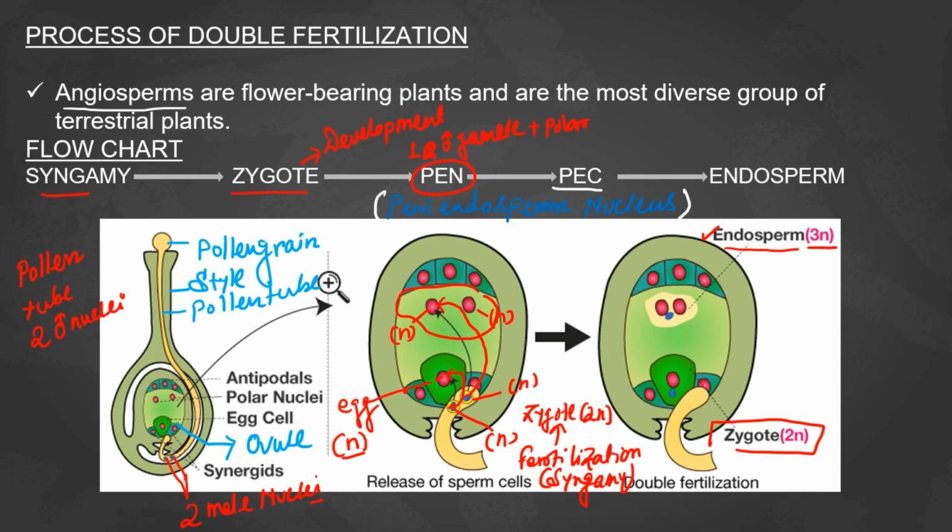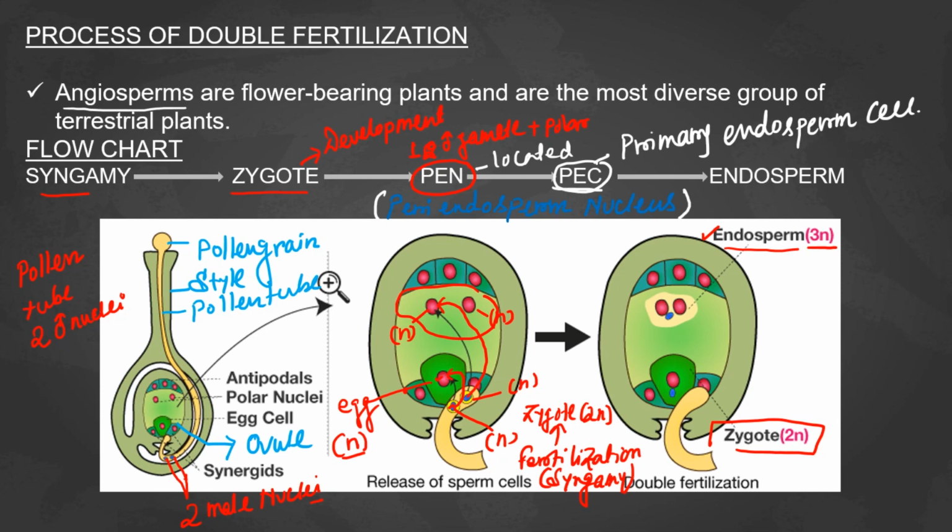The PEN is actually located within the primary endosperm cell. So what is this PEC? PEC is nothing but primary endosperm cell. So the PEN will get converted into PEC.